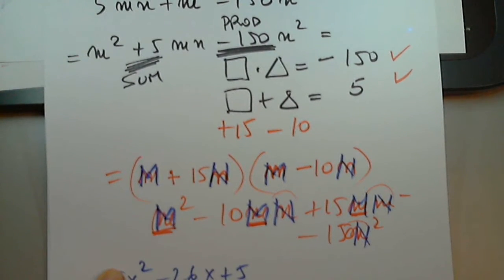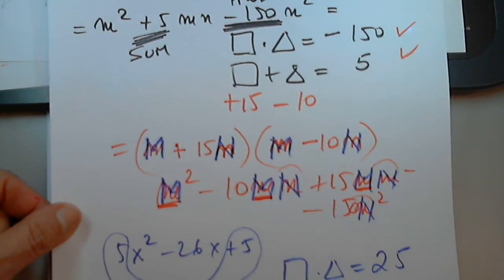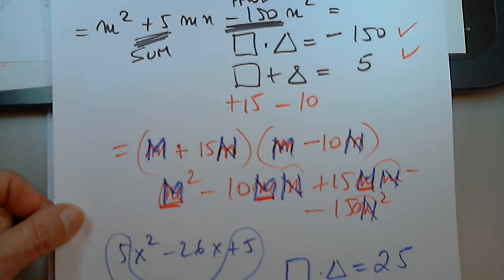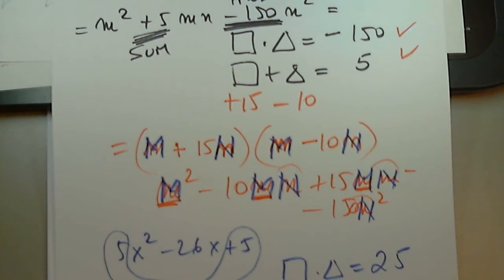If the leading coefficient were 1, you would have said the product would be? Exactly. However, because the leading coefficient is not 1, the product now is this, 25. The sum does not change from before. Can anyone tell us what is the sum of the numbers I'm looking for?